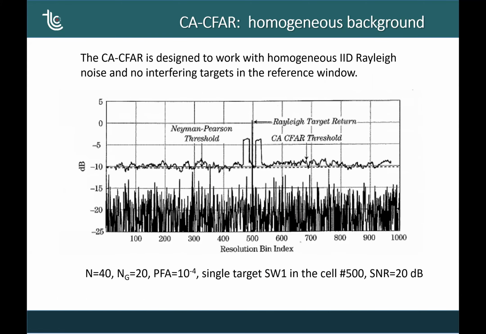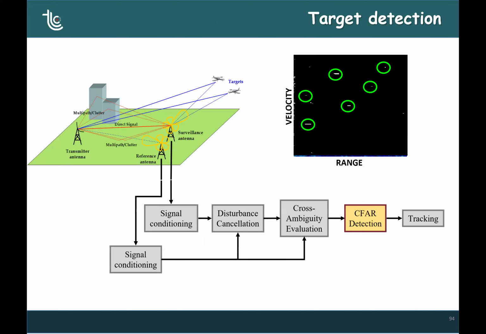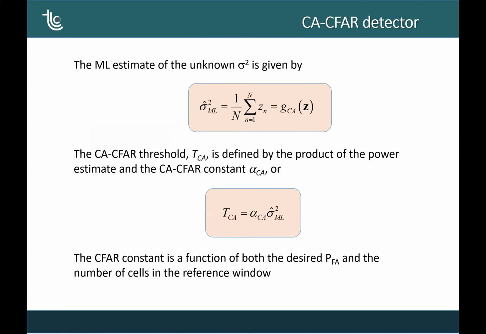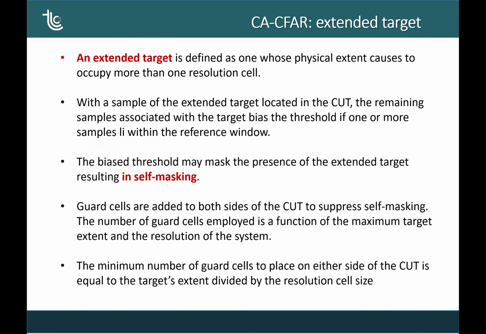But as you can see here in this image, some of the targets occupy more than one single range cell. You see that they are longer than one single range cell. Okay, so these are called extended targets. They are no longer point-like targets. They are extended targets.